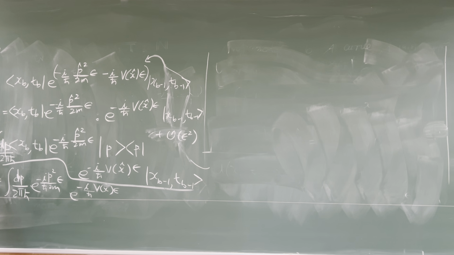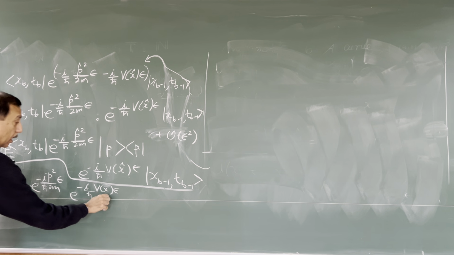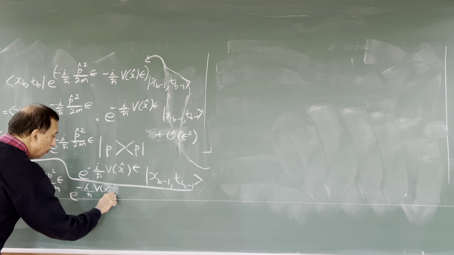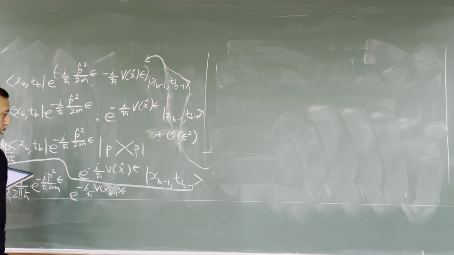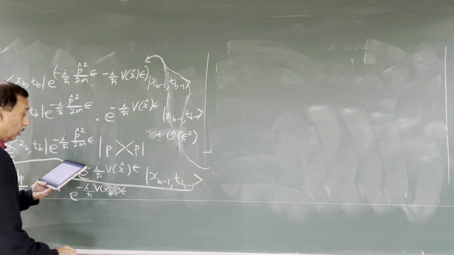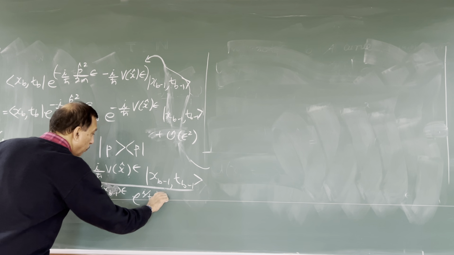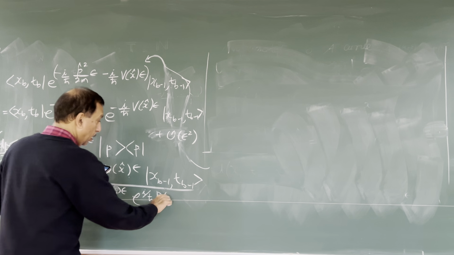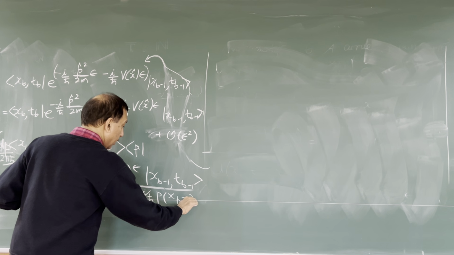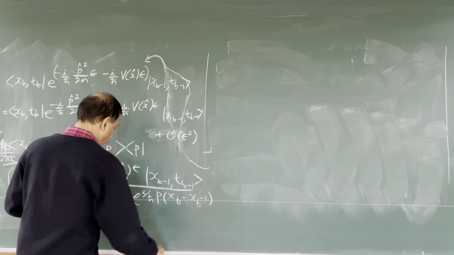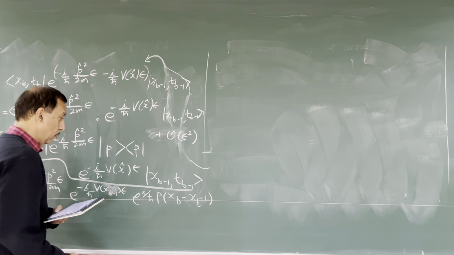There's nothing in this derivation which is very one-dimensional, but just to be very definite, we are sticking to one dimension. Okay, so this is this term, but now x has become x_{b-1}. And then the exponential, which is actually e to the i by h bar p times (x_b minus x_{b-1}). That's all.